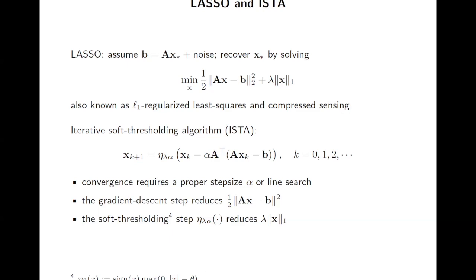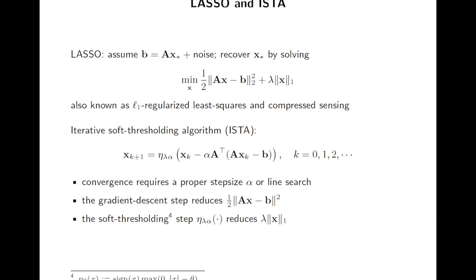So if we directly solve AX minus B, there will be multiple solutions. It's not well posed, and we need some regularizer to make it sparse, and this is what we want. So in this problem, people are just assuming the underlying signal to be sparse. So yeah, this is it.